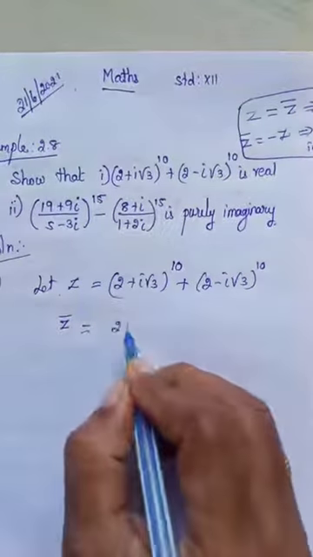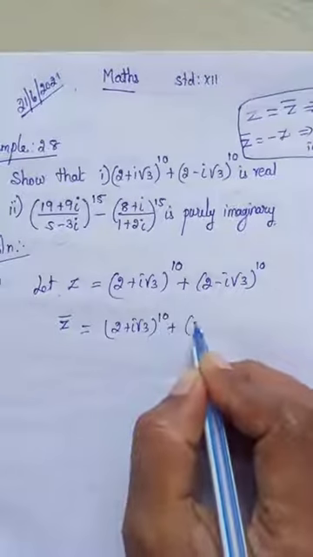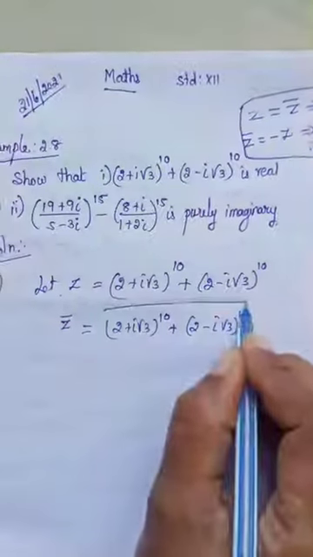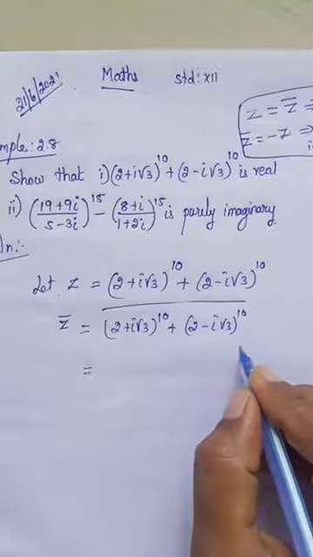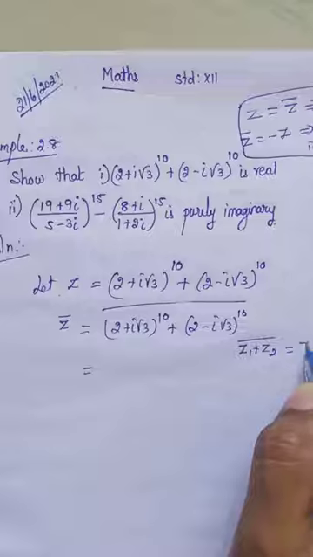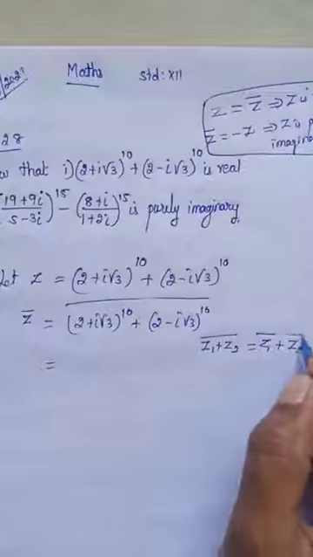Z bar is the bar of (2 plus i root 3) the whole power 10 plus (2 minus i root 3) the whole power 10. Now I am going to split it, because we know that Z1 plus Z2 the whole bar is equal to Z1 bar plus Z2 bar.